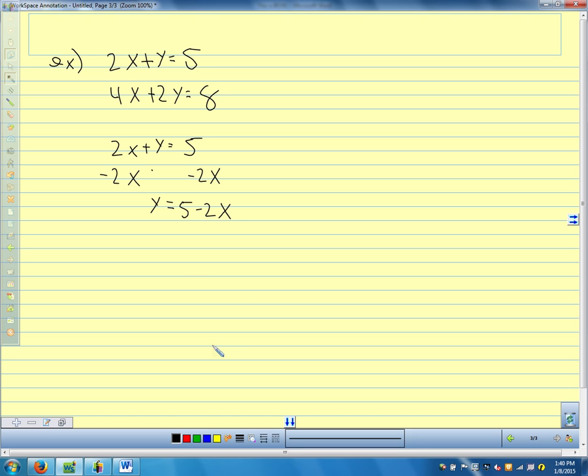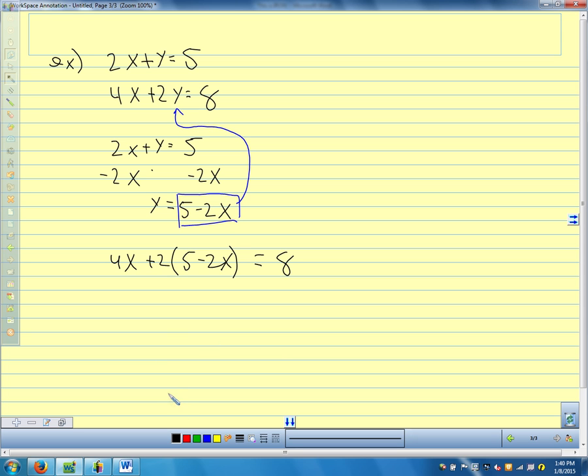And then we substitute that into the other equation. So I'm going to take this and substitute it into the other equation right there. So I get 4x plus 2 times 5 minus 2x equals 8.